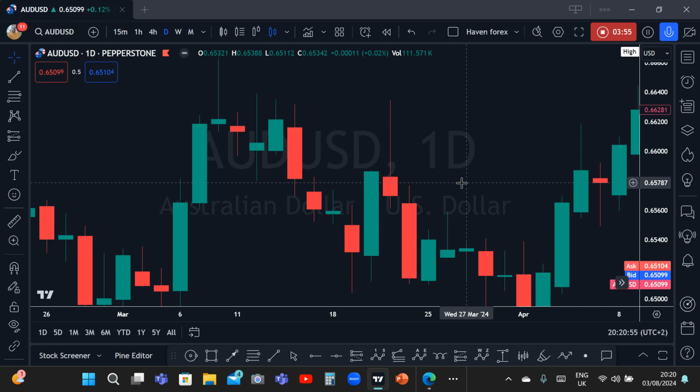All right. And how do you identify them? You identify them with their long wick. All right. With their long wick. The wick should be at least two-thirds of the entire candlestick length. The wick, that is a tail.